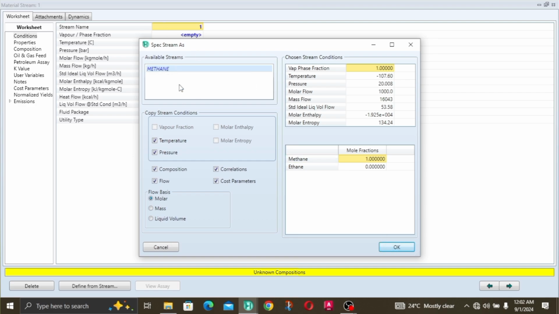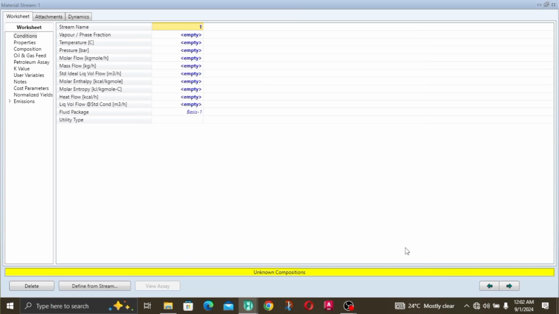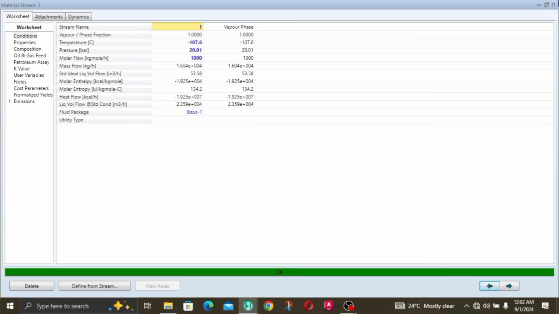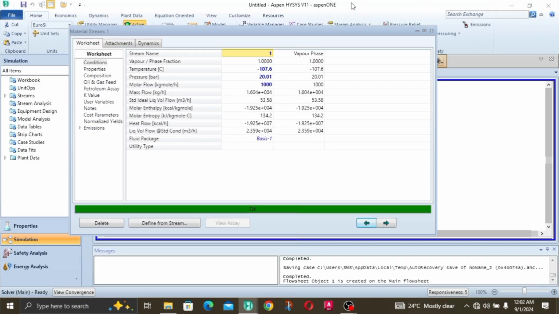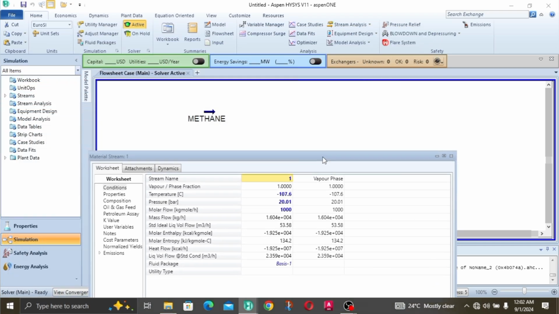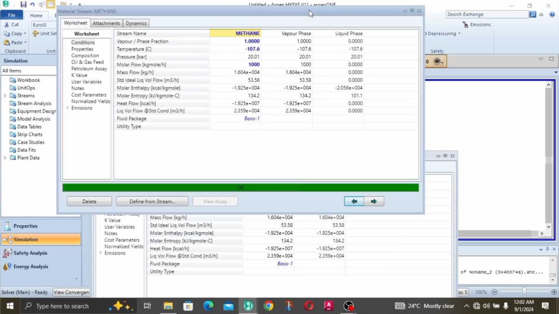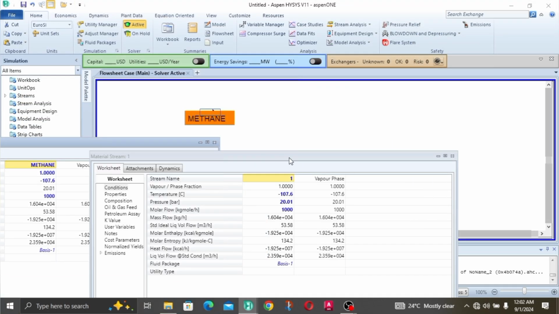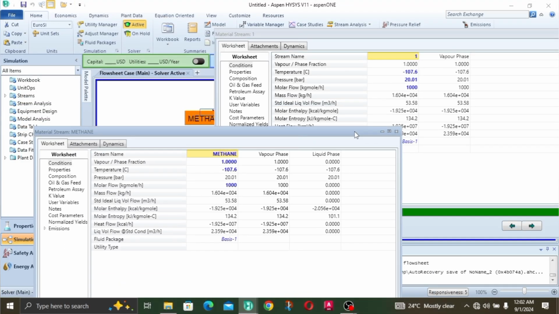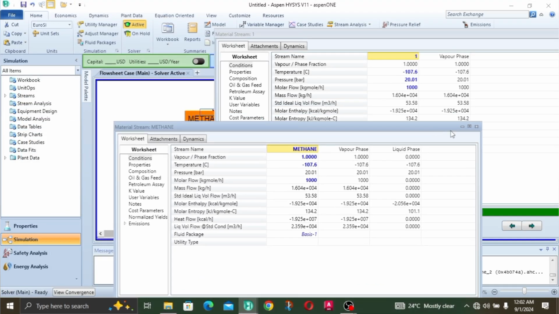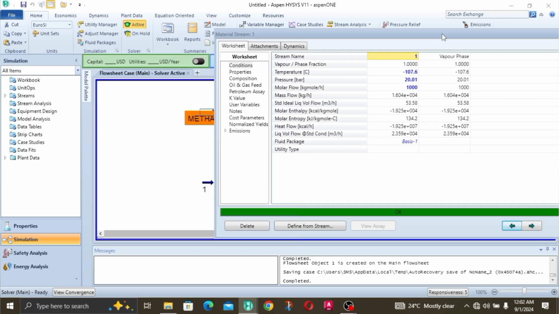I carry the data, press OK, click on methane, click on OK, and it automatically brings the same data. You can see this is our stream 1, and this is our methane that we created earlier. And if you look at it, they have exactly the same properties, because we used the methane stream to define this new stream.